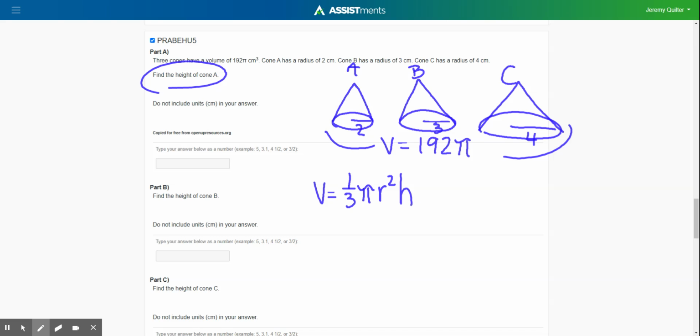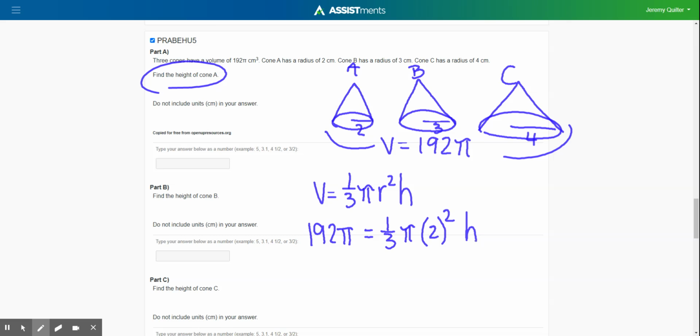And I can substitute the known values that I have. 192 times pi is equal to 1/3 pi times the radius of 2 raised to the second power times h. My goal is to get h by itself.